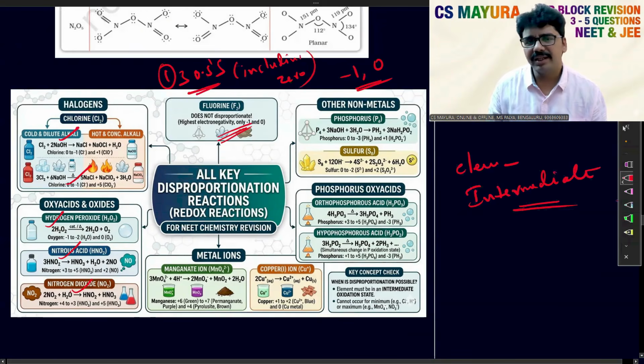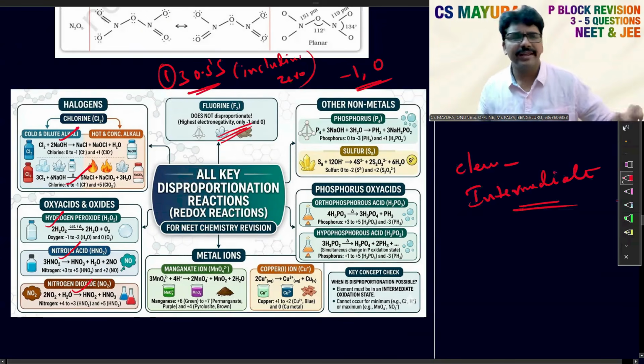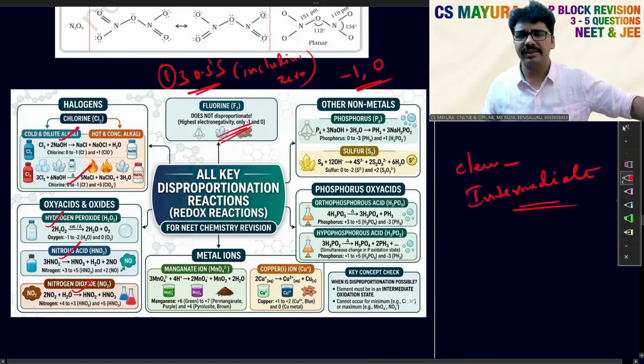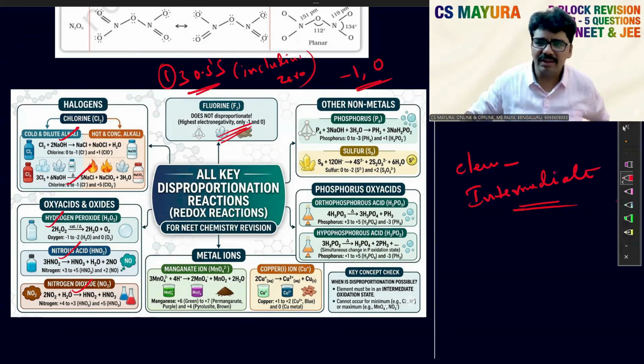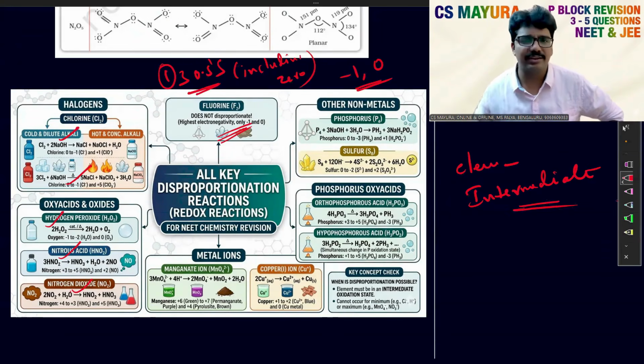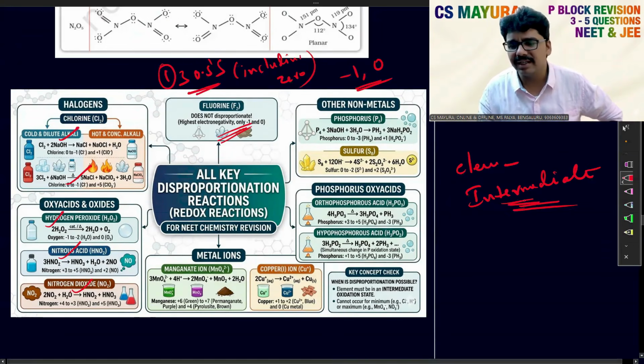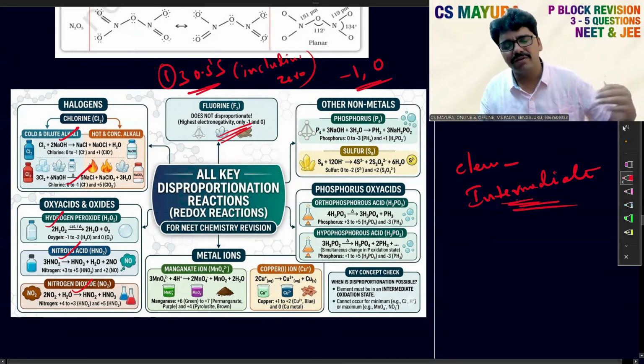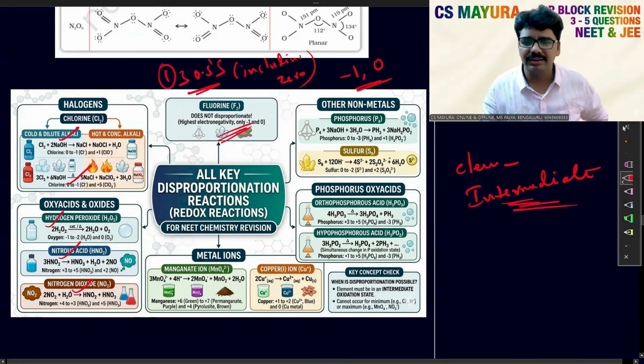If the element is present at its lowest oxidation state, no disproportionation. If it is present at its highest oxidation state, no disproportionation. When it is present at an intermediate oxidation state, it will go for oxidation as well as reduction, which causes disproportionation. So these are the conditions for disproportionation.